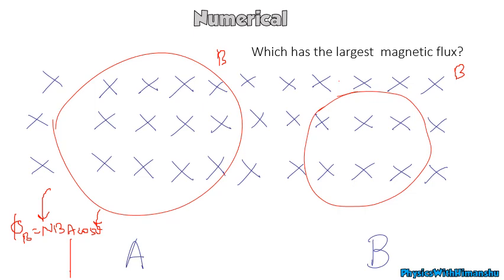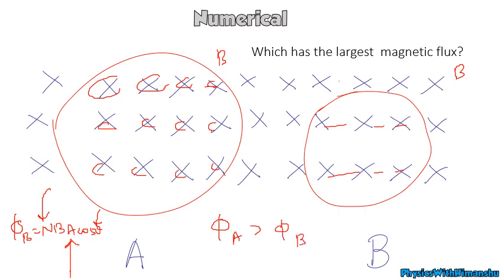So magnetic flux will only depend on area. In this area the total flux is 1, 2, 3, 4, 5, 6, 7, 8, 9, 10, 11, 12, but in this case 1, 2, 3, 4, 5, 6. So flux in A will be greater than flux in B. This is a conceptual question on magnetic flux.